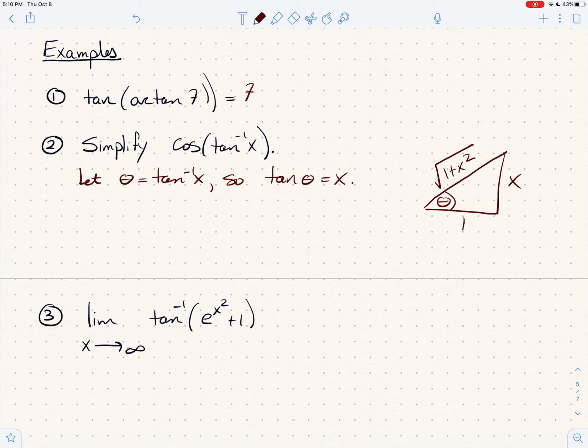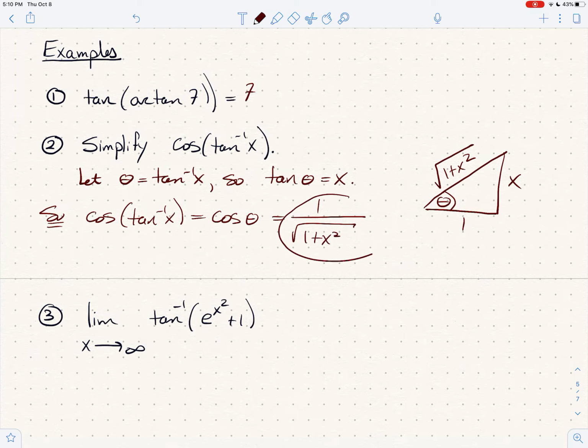So when I'm interested in the cosine of the inverse tangent of x, well, we said that inverse tangent of x was theta. So this is exactly the same thing as the cosine of theta. And the cosine of theta, looking here now, is adjacent over hypotenuse. And so cosine of theta is 1 over the square root of 1 plus x squared. And so that is what this thing actually simplifies down to.